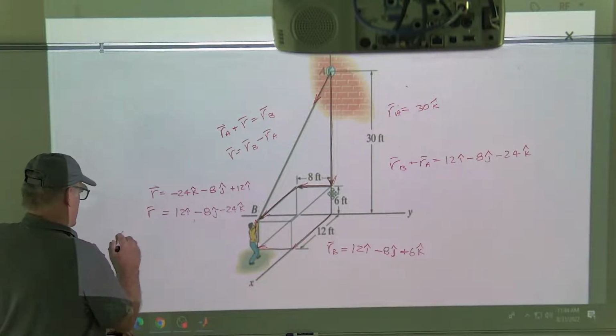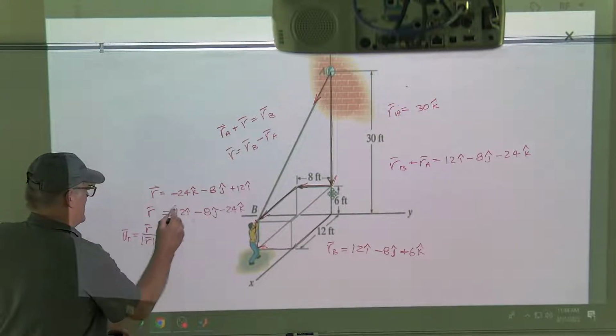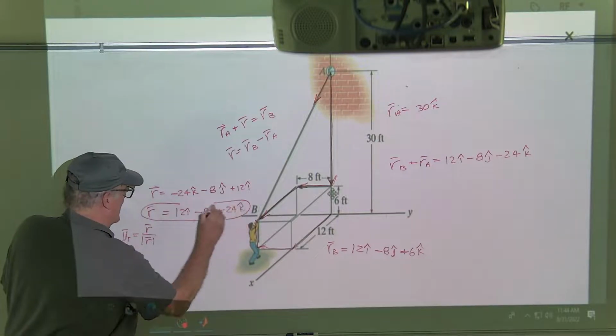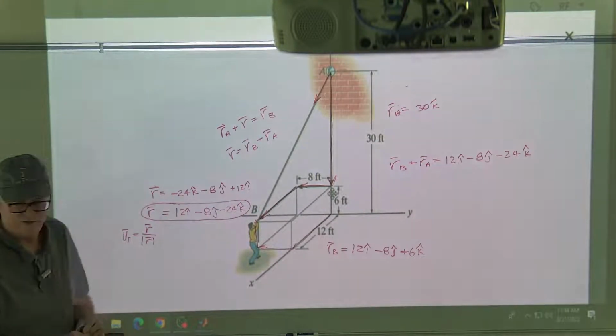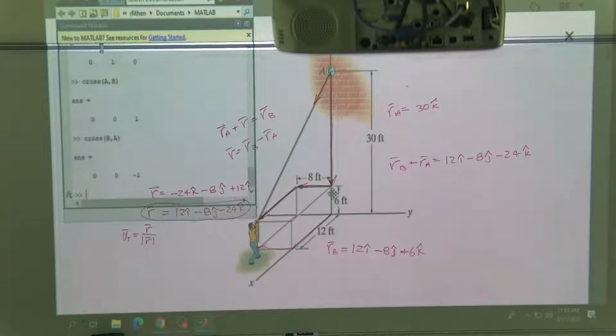Now that I've got that, I want to find the unit vector in that direction. That's just going to be R over the magnitude of R. I'm just going to rely on MATLAB, if y'all are okay with that. I'm going to do a clear and a clear of the screen.